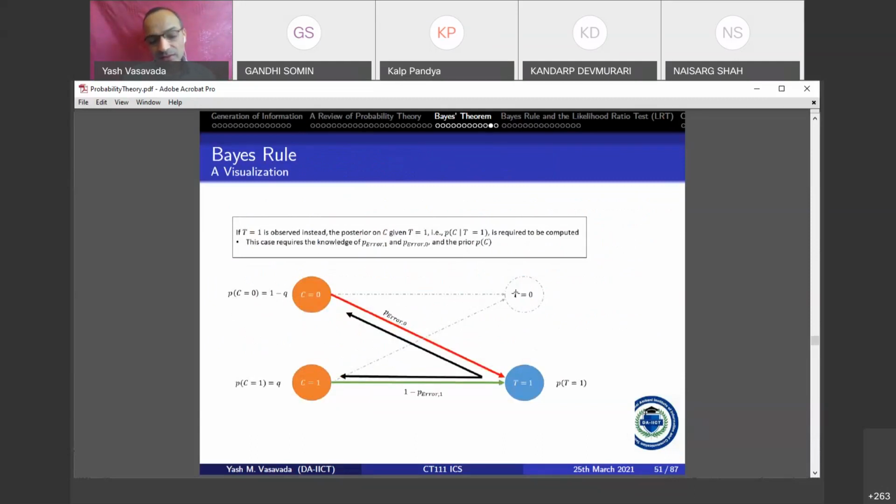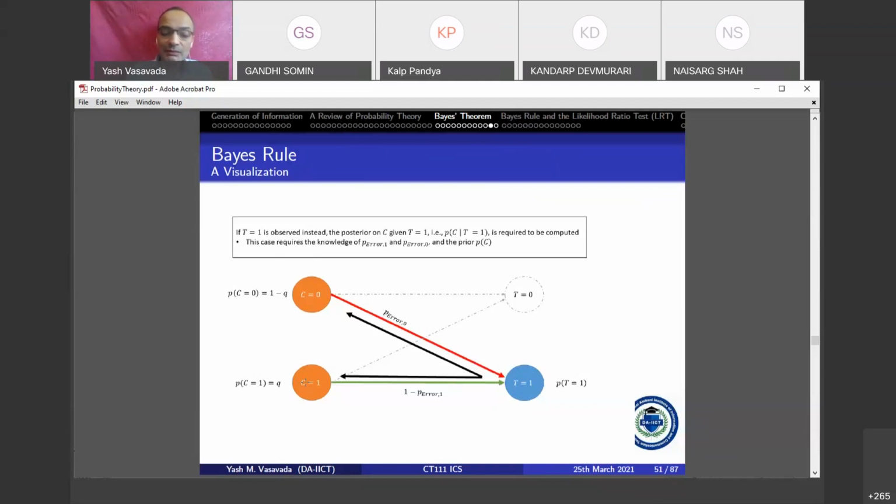Again, going back to this disease problem, if you get t equal to 1 as the outcome of the test, you are actually worried because now the disease source, and specifically the corresponding PMF, the probability mass function of the source, starts appearing to you kind of heavily biased for C equal to 1 case.